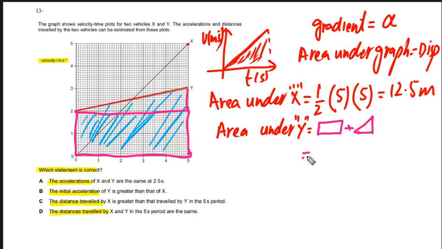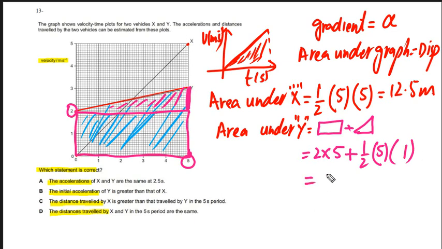How can we find the area of the rectangle? As you can see, this is 2 and this is 5, so simply we need to multiply 2 by 5. Now we have to find the area of the triangle. The area of the triangle is equal to 1 by 2 times the base, which is 5, and the height, which is equal to 1.